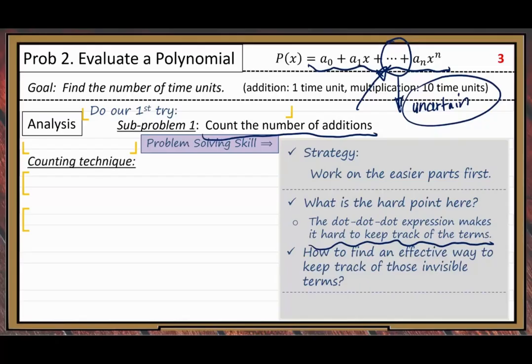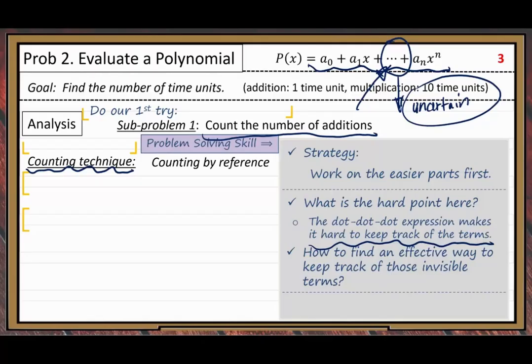All right. Here, let me introduce a simple counting technique. We do the counting, right? We count the number of additions. There is an effective, simple counting technique here. We call it counting by reference. We need to choose appropriate reference objects.